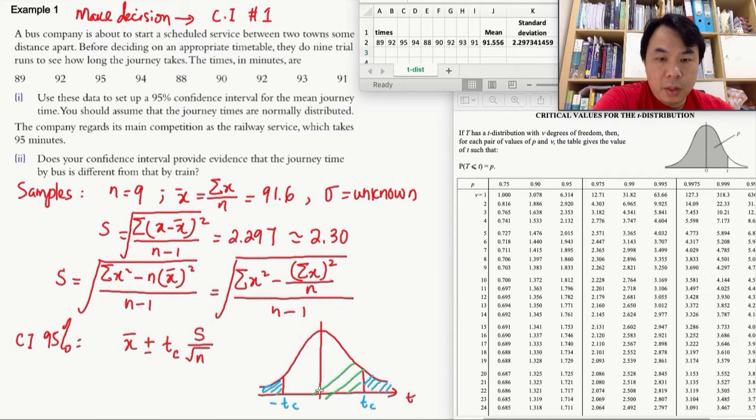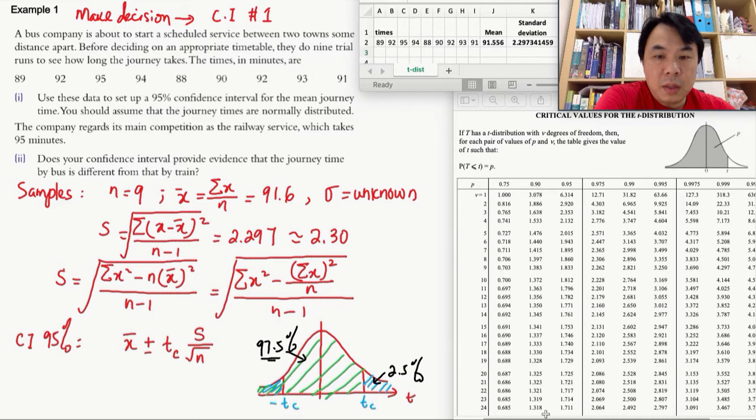How big is this area that represents the 95% confidence interval, from here until here? Because it's a 95% confidence interval, this tail region will represent 2.5%. Therefore, the green region here, the entire region, would represent 97.5%. This information is quite important for us to extract from the MF19 table.